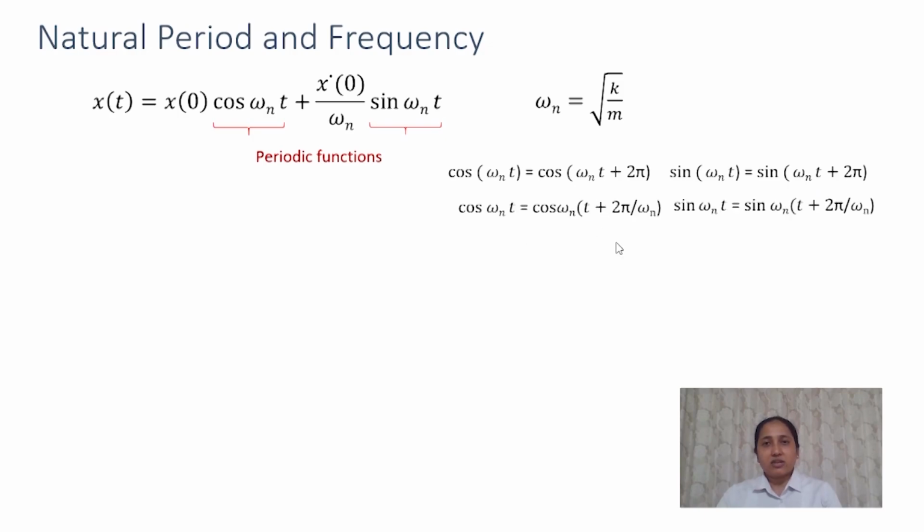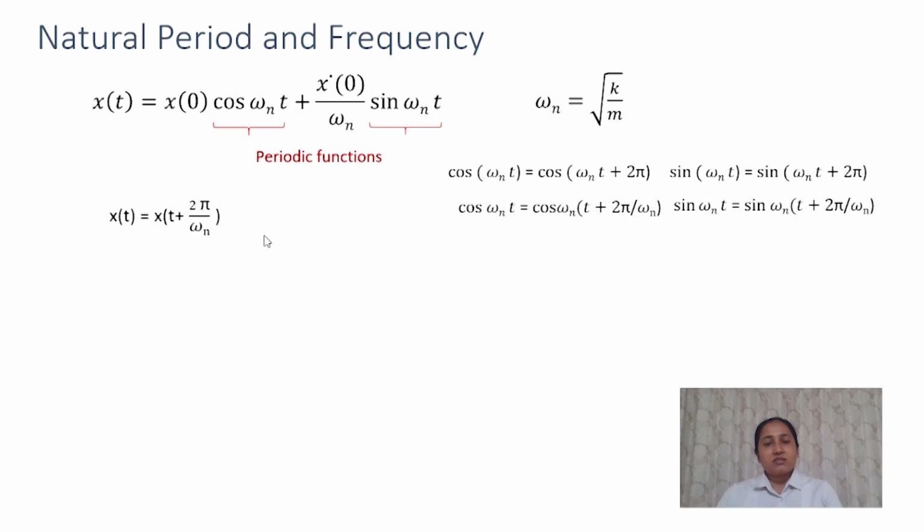If you just rearrange this, we can say that cos(omega n (t plus 2 pi by omega n)) will be equal to cos(omega n t). That means the value of x(t) at time t will also be equal to value of x at t plus 2 pi by omega n.